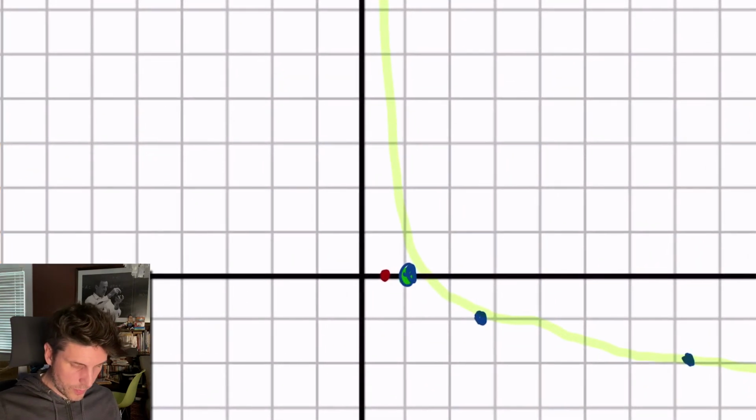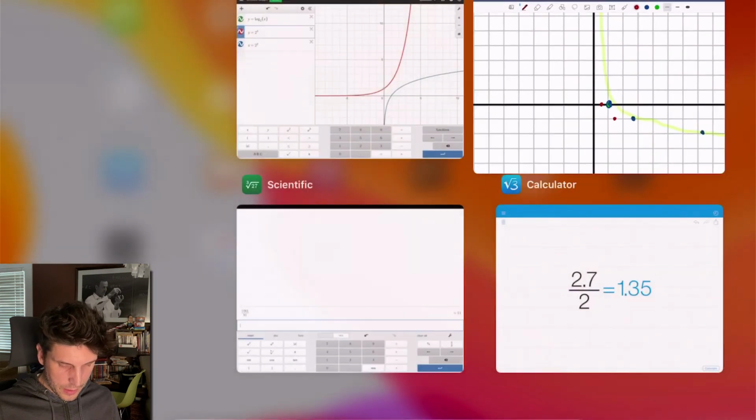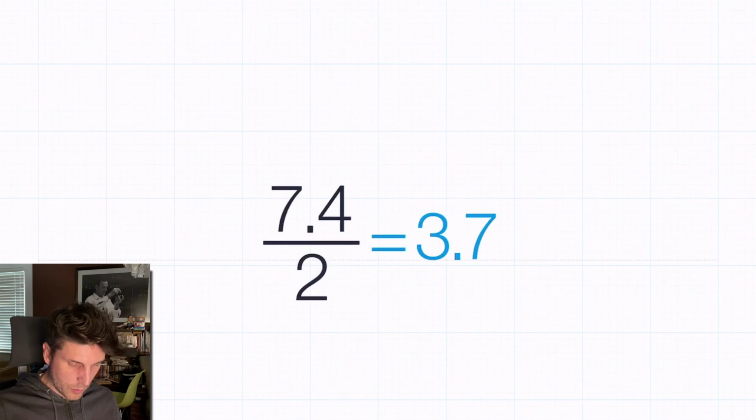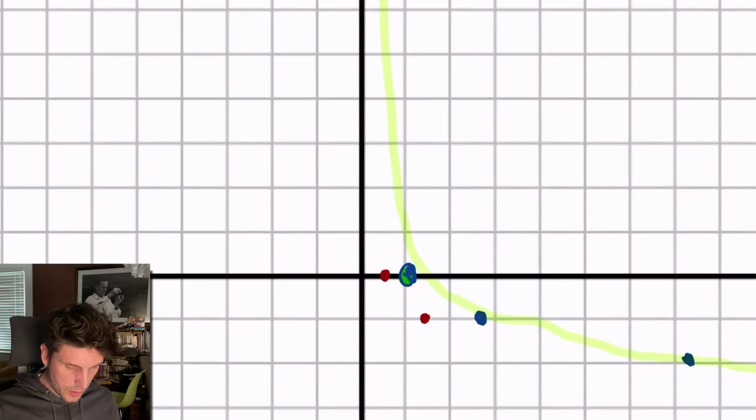I was pretty sure, but 1.35 goes right there. And 7.4 divided by 2 is 3.7. So yeah, there's quite a bit of horizontal compression there.